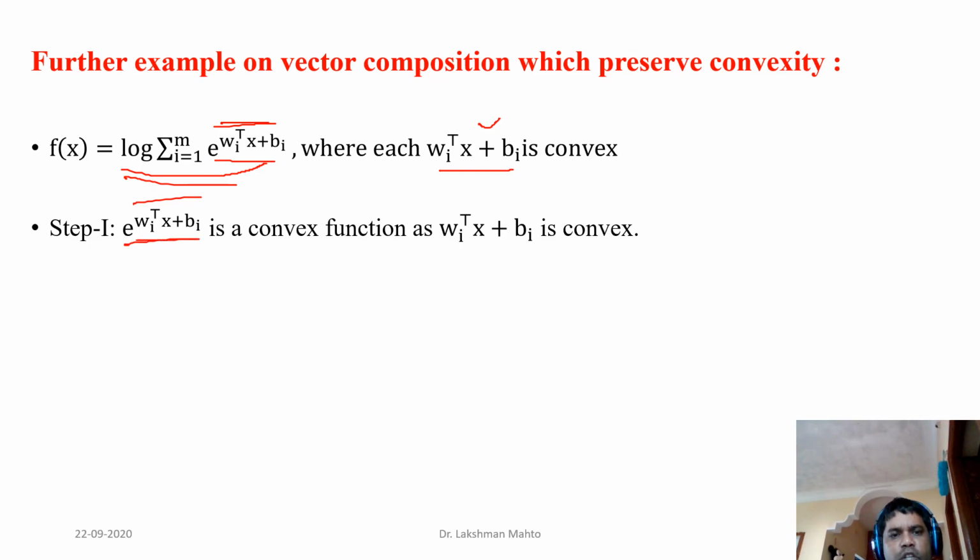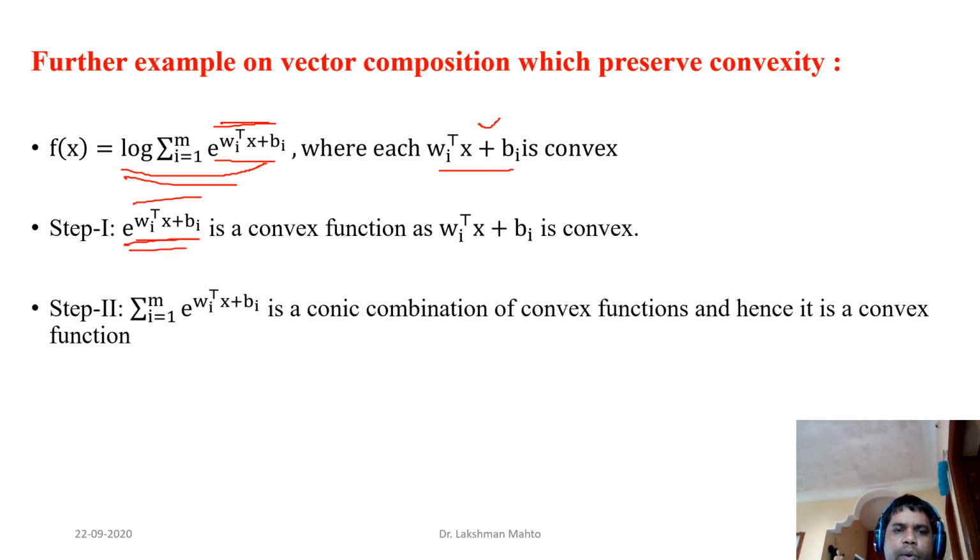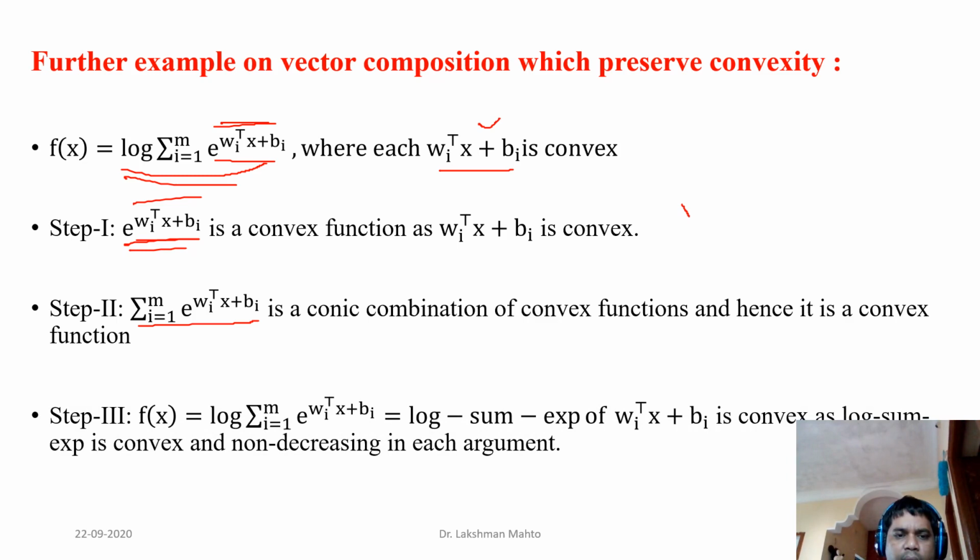And if you take the exponential of a convex function, then by that previous theorem you can claim that it is a convex function. The exponential of a convex function is always a convex function. There is no issue. Then we talk about summation. The summation of convex functions is again a convex function, because we know that a conic combination of convex functions happens to be convex.